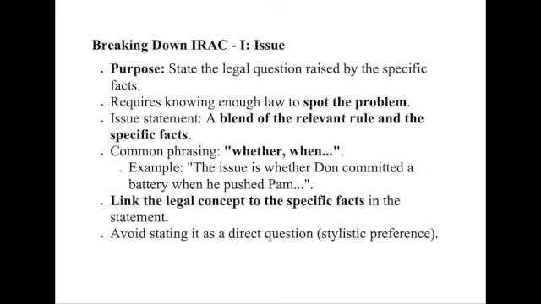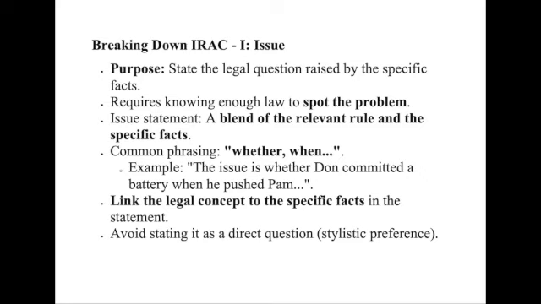And they give us a helpful template for phrasing it, don't they? The whether-when structure. Can you give us an example of that? Sure. So instead of just writing battery as your issue, you'd phrase it as something like, the issue is whether Don committed a battery when he pushed Pam during the argument. See how that phrasing immediately links the legal concept, battery, to the specific facts, Don pushing Pam.